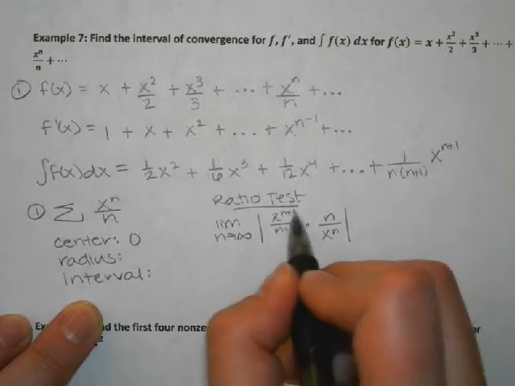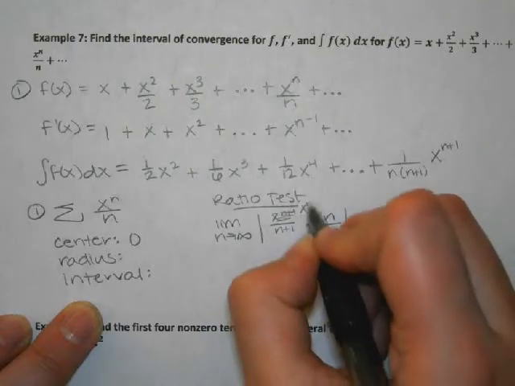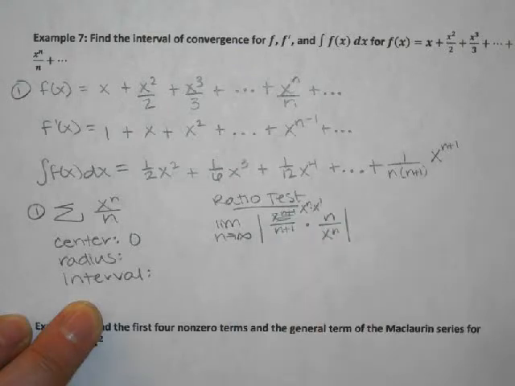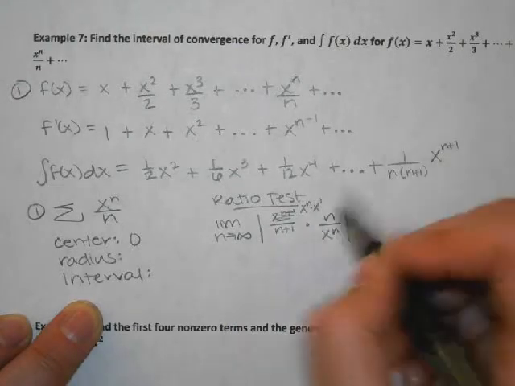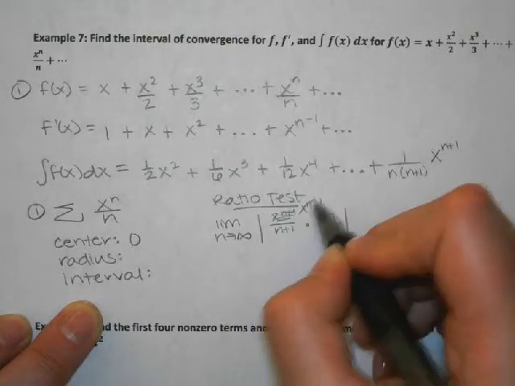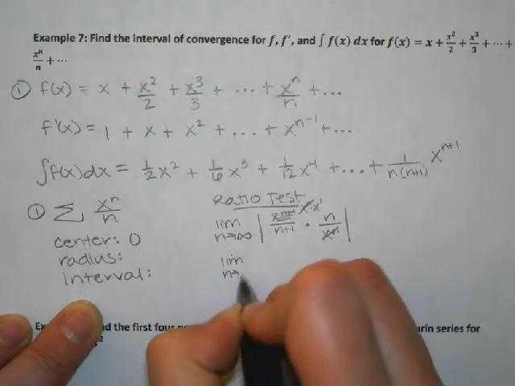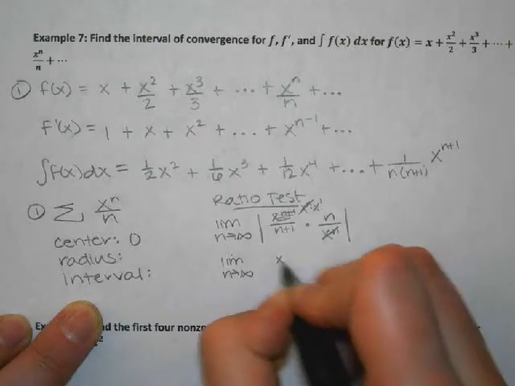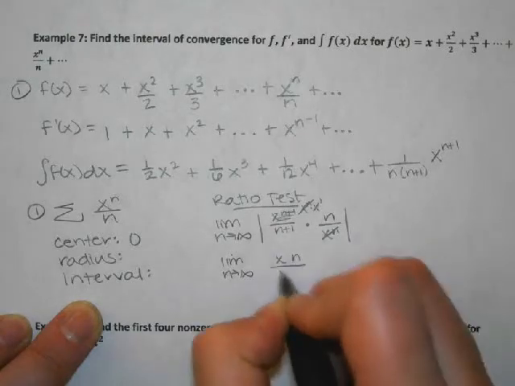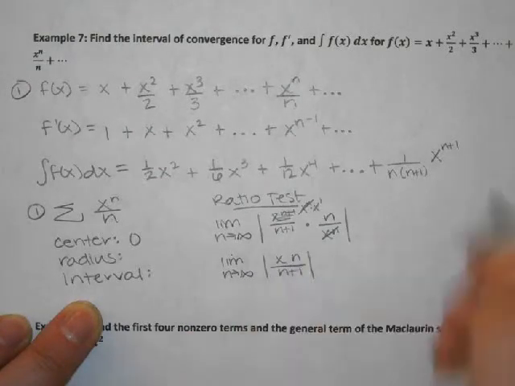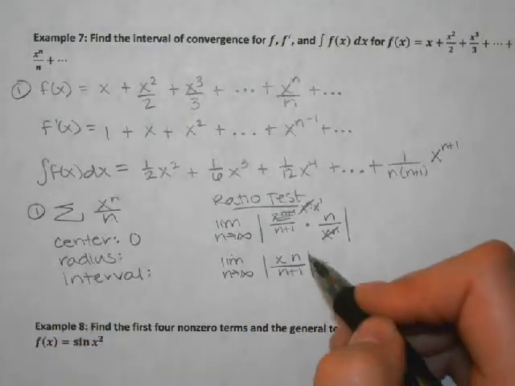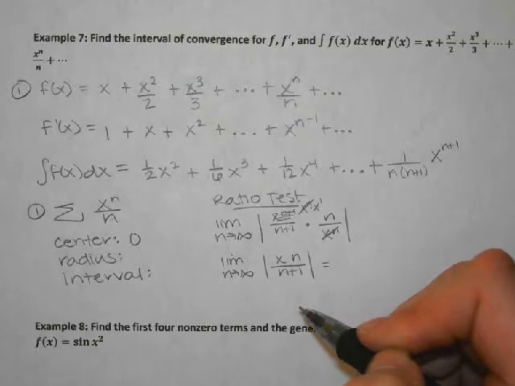So I could rewrite this one as x to the n times x to the 1. So those cancel, and we get the limit as n goes to infinity of x times n over n plus 1. All right. And so what does that limit equal if you plug an infinity in for n?